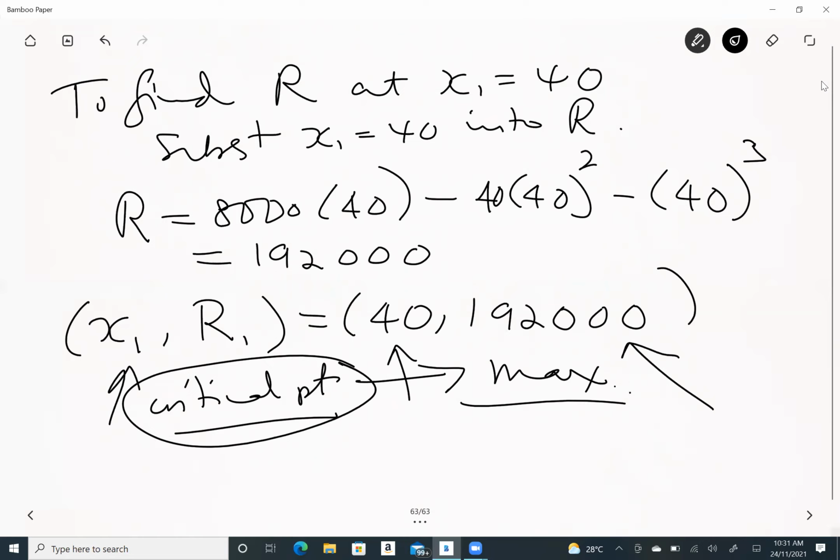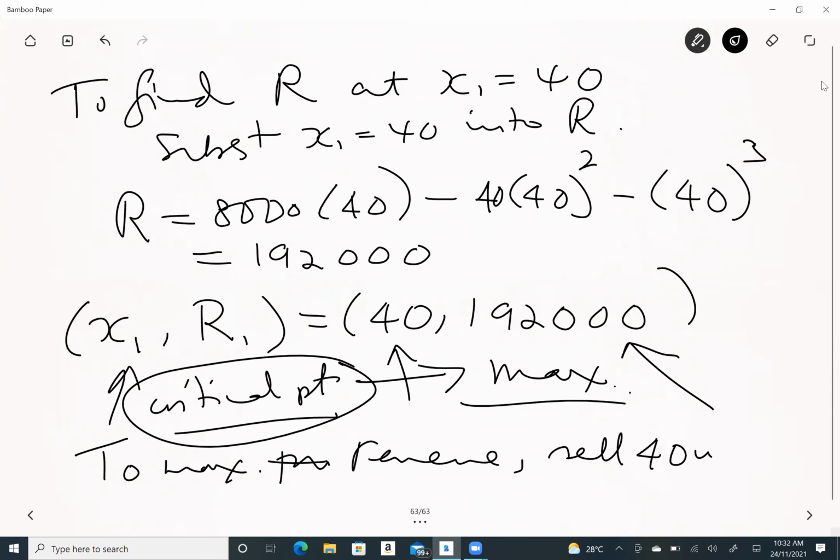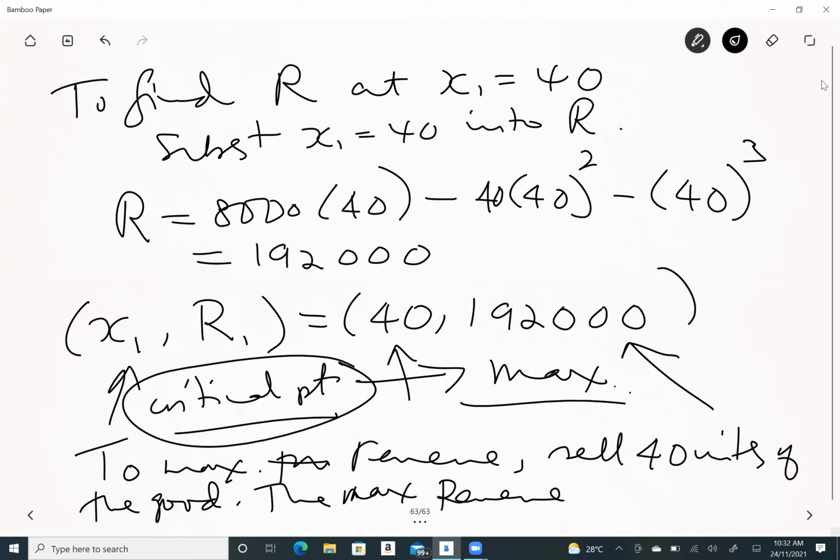So what do we say? To maximize revenue, what do we need to do? You have to sell 40 units of the good. And then we describe the second value. What is the second value? That is the maximum revenue, I'm sorry, I said profit earlier.